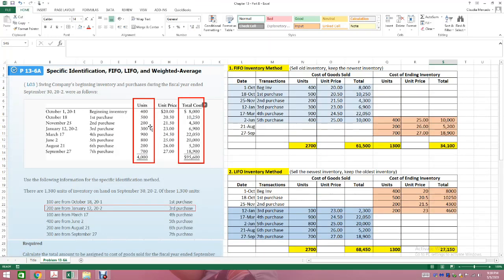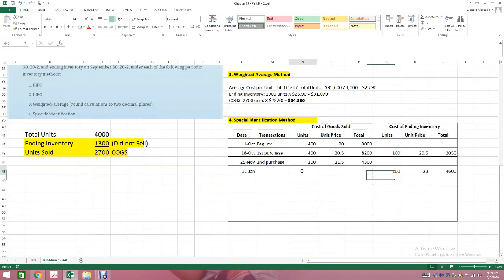We have 300 units, and they're telling you here that 200 were not sold. So that means that you must have sold 100. 300 units minus 200 will give you 100 units that you did sell. So I sold 100 units at $23. That's going to give me $2,300. That's my third purchase.